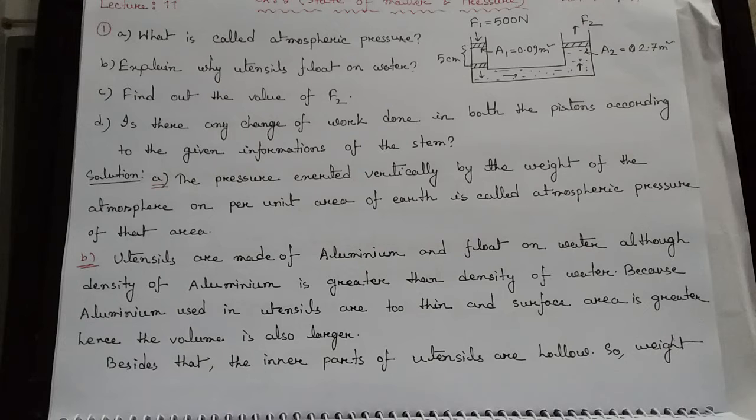First one, a knowledge based question, is what is called atmospheric pressure? The pressure exerted vertically by the weight of the atmosphere. When we talk about the atmospheric pressure of a specific area, this pressure is exerted vertically by the weight of the atmosphere on per unit area of earth, and it is called atmospheric pressure.